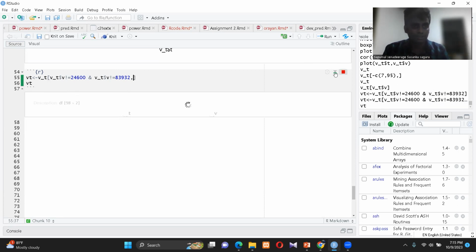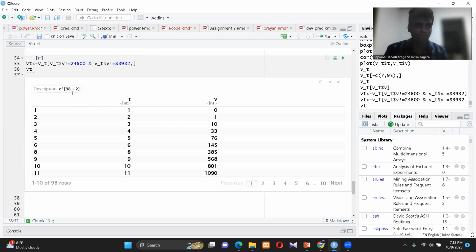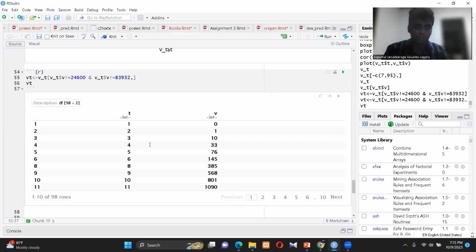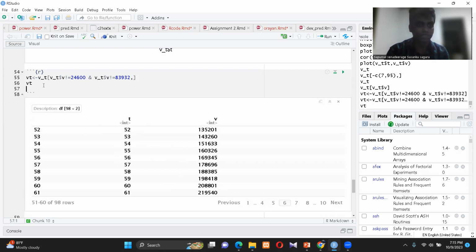So we can get all the columns excluding these rows. You can see they are omitted. Okay, now to make sure whether it's working properly or not, you can just ask to plot VT, then VT speed.